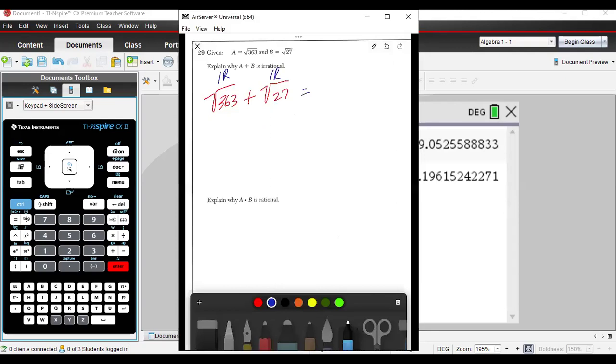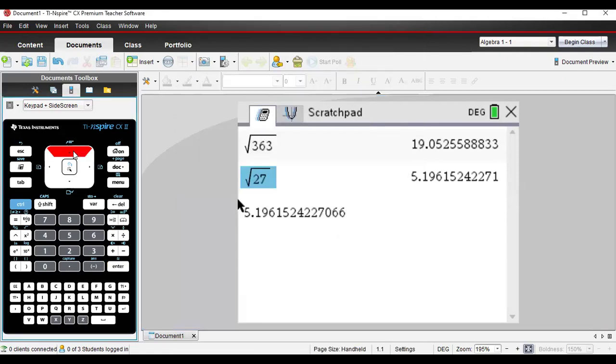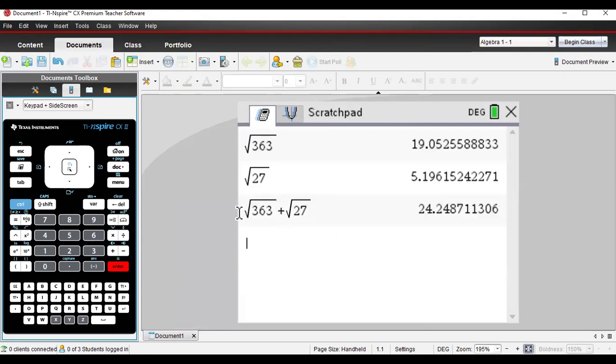Now, what I'm going to do is take both of these numbers and literally add them together. Plus the square root of 27. Press enter.